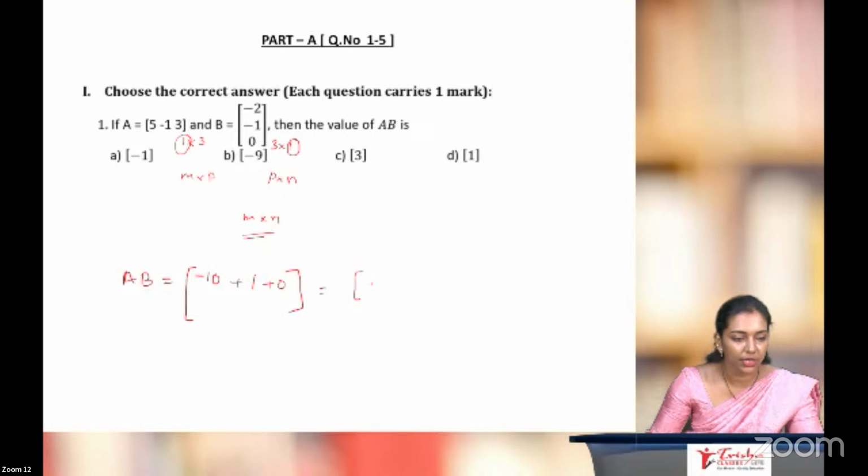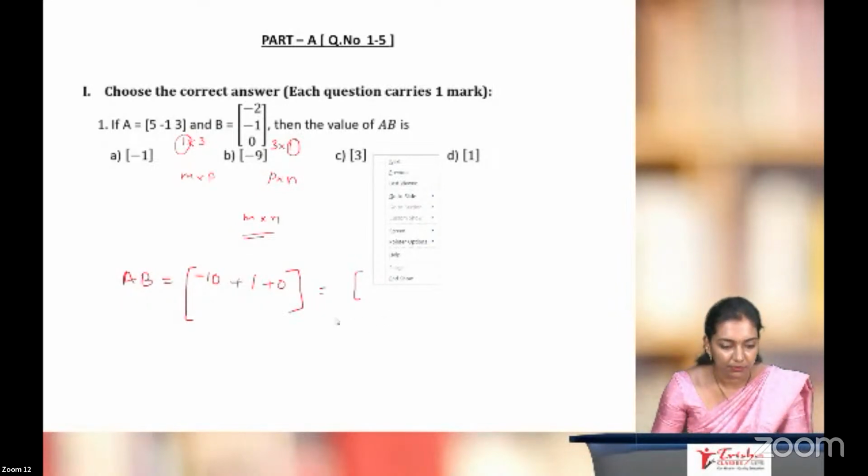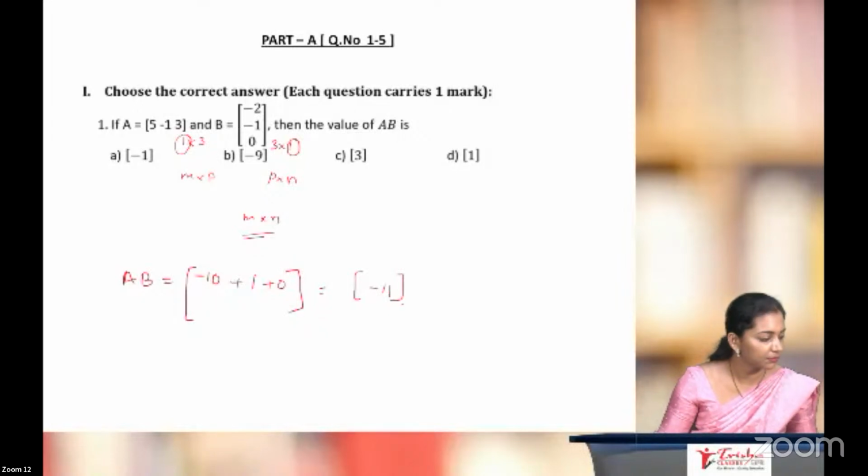So here you have minus 11. Okay, we don't have the option here. Actually, it is minus 11. Minus 11 should be the answer.